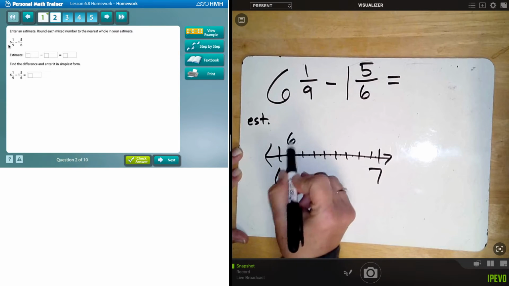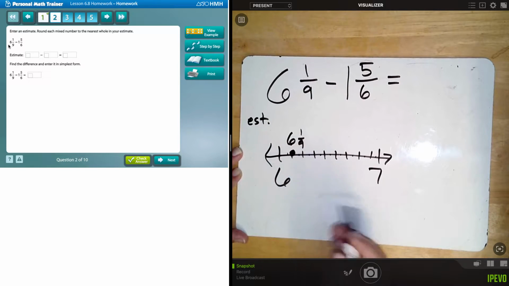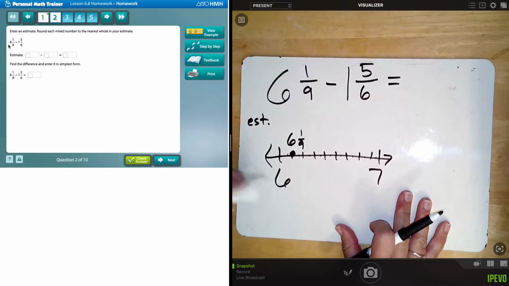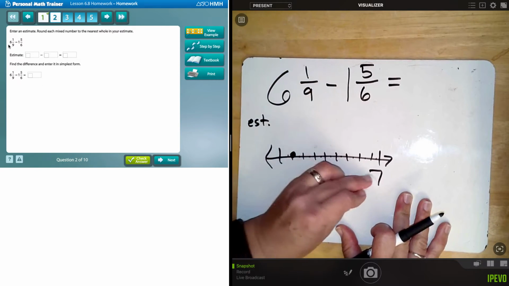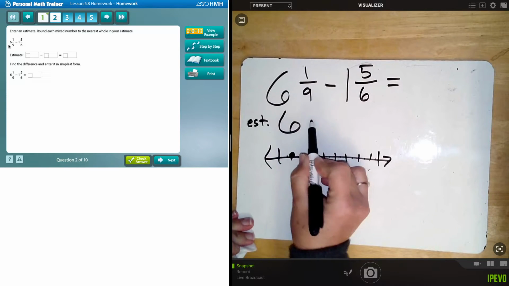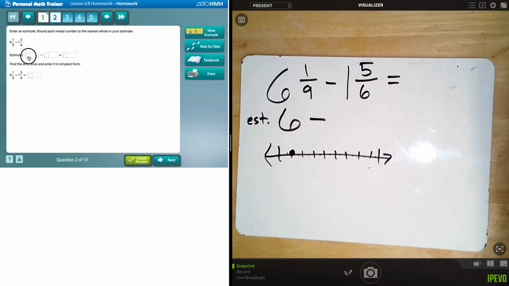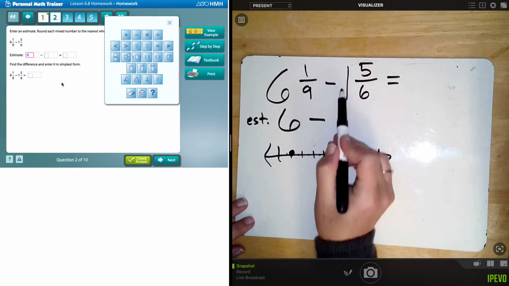Here is 6 and 1/9. You can just see on the number line it's really close to 6. So my estimate for whether 6 and 1/9 is closer to 6 or closer to 7, my estimate is 6 minus, and keep my estimate there, 6 minus 1 and 5/6.